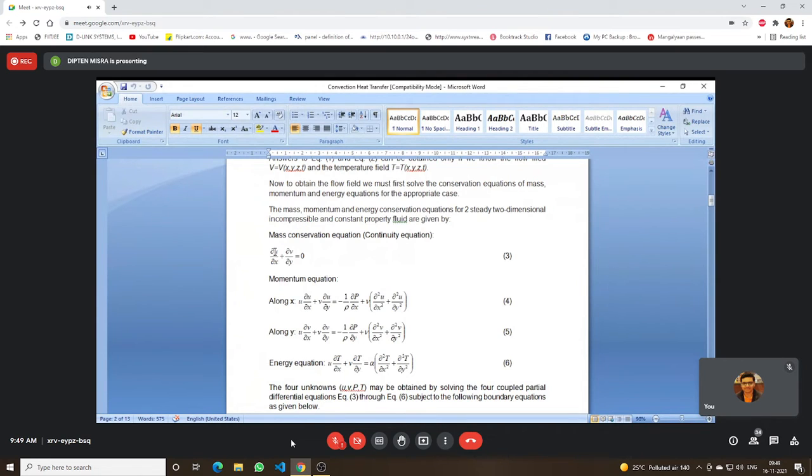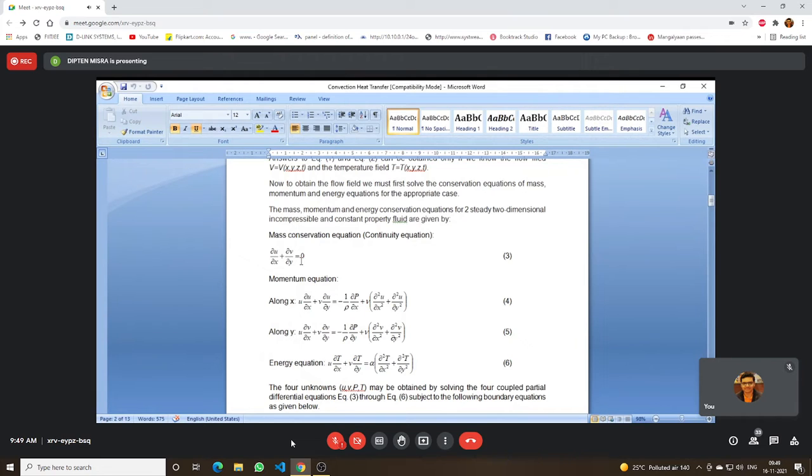So u is a function of x and y, v the velocity component along y is also a function of x and y. Now so we have two unknowns of velocity components given by u and v, the two velocity components along x and y direction. So there are two unknowns, and to solve for these two unknowns, we have to have one more equation. This is one equation that we can obtain by considering the mass conservation phenomenon.